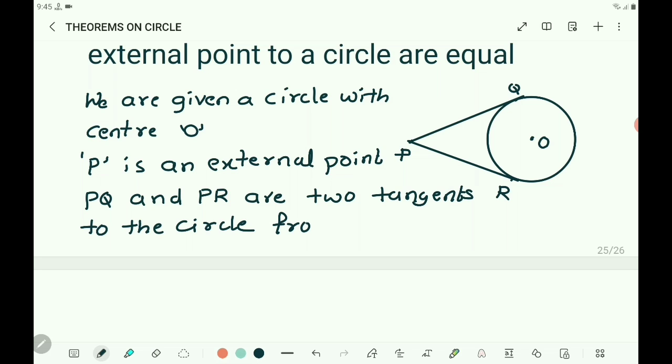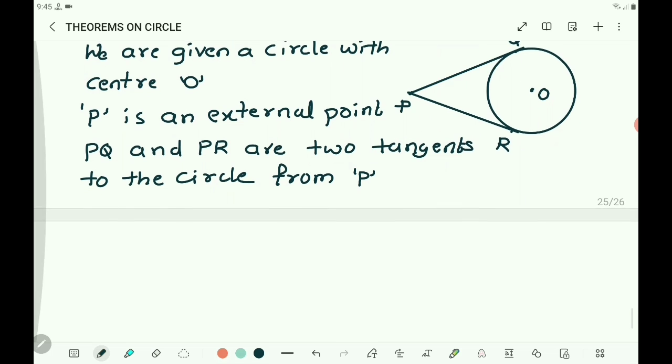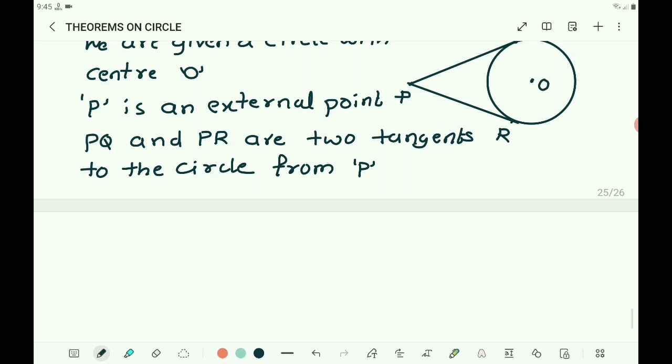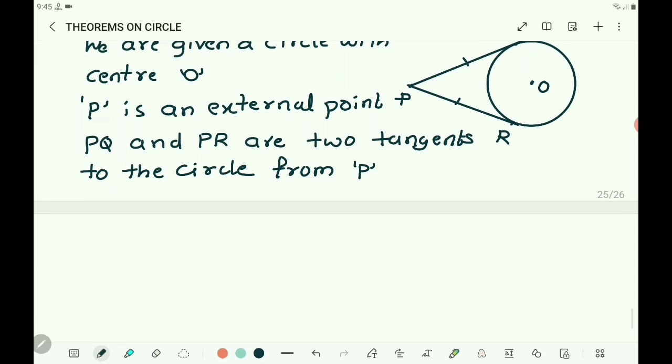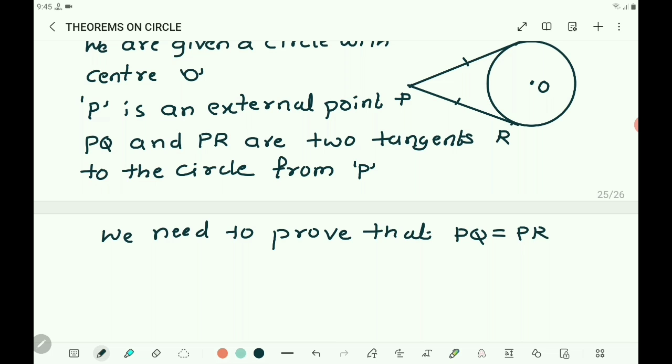This much is given. What we have to prove? We need to prove that PQ equals PR.